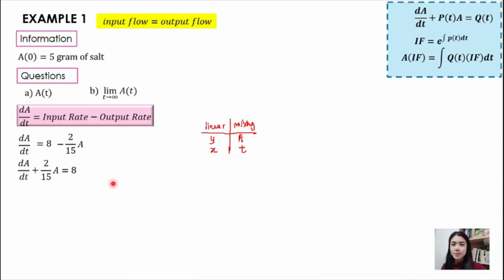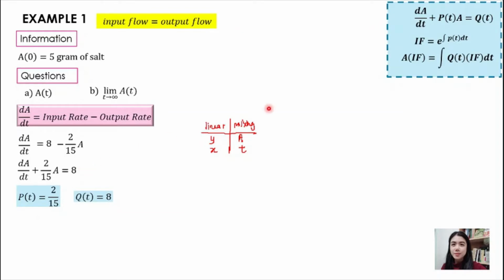Once we have identified the form of the differential equation for the mixing problem, let's identify what P(t) and Q(t) are. Your P(t) here is the one that is next to the variable A, so your P(t) is 2 over 15, and your Q(t) is equal to 8.